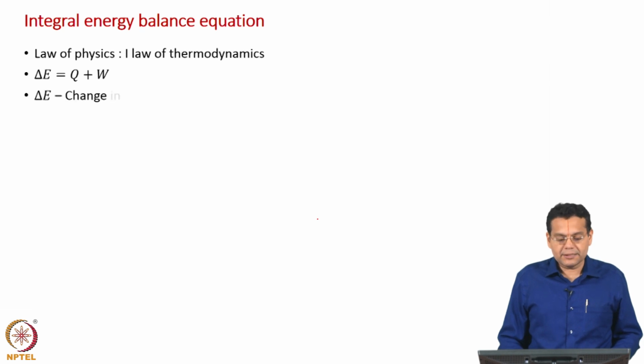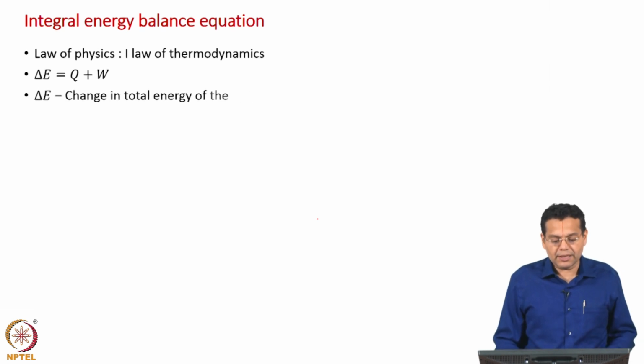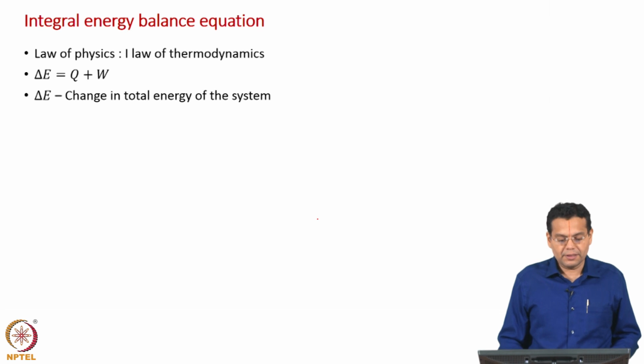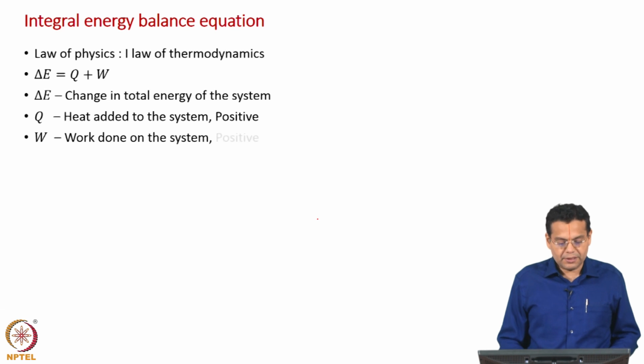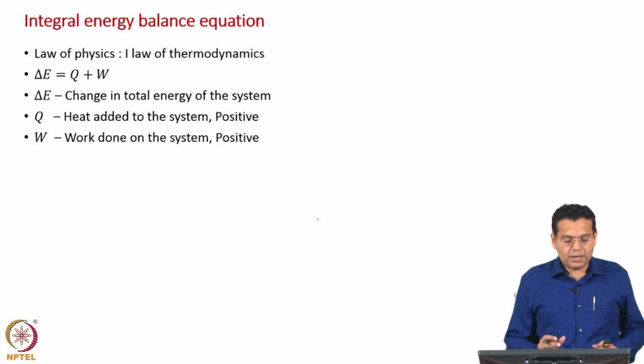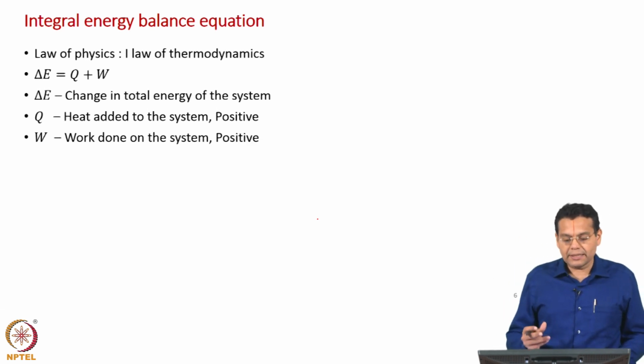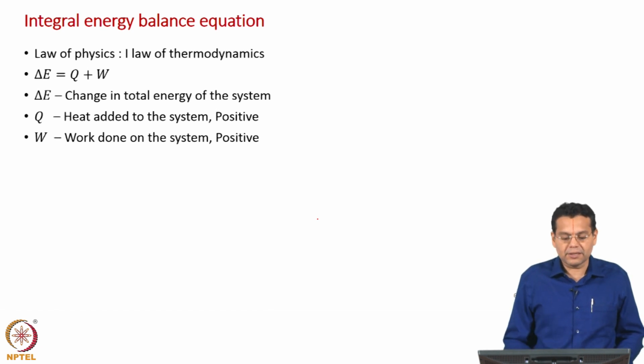Delta E represents the change in total energy of the system, okay, and Q represents heat added to the system, and W represents work done on the system. Okay. Now, what does it tell you? Whatever heat added to the system and work done on the system goes towards changing the total energy of the system.